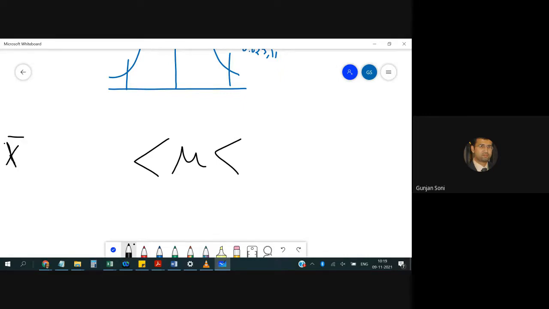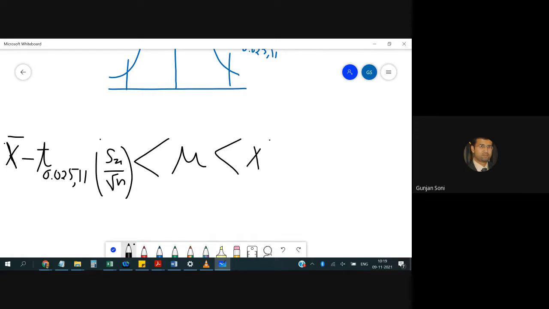This is the confidence interval: x bar minus t 0.025 comma 11 sx by root n.